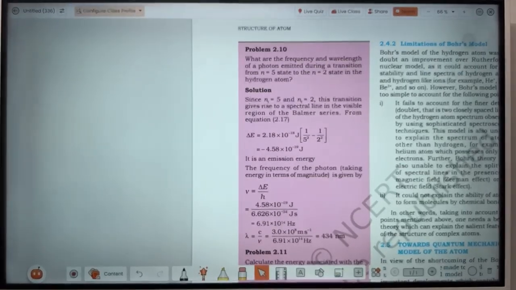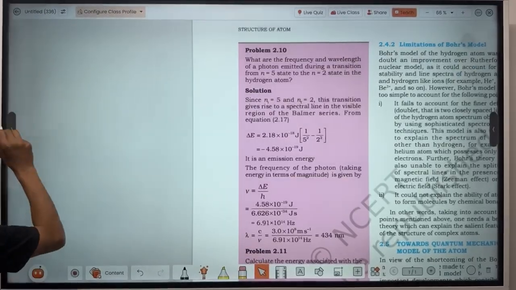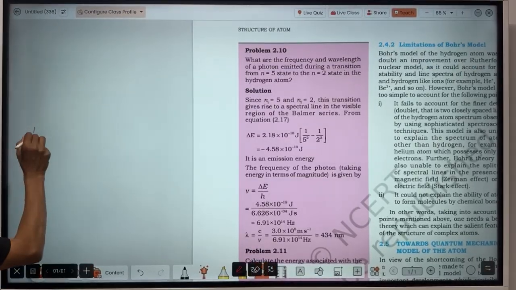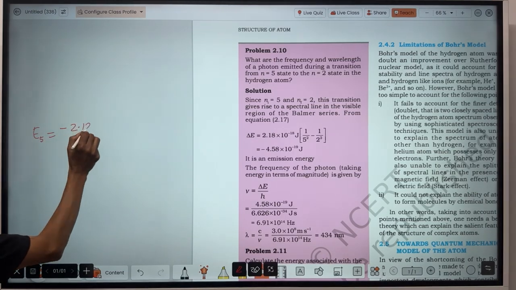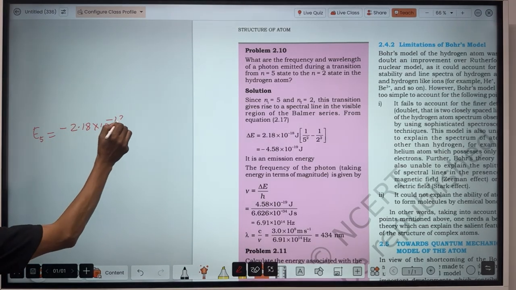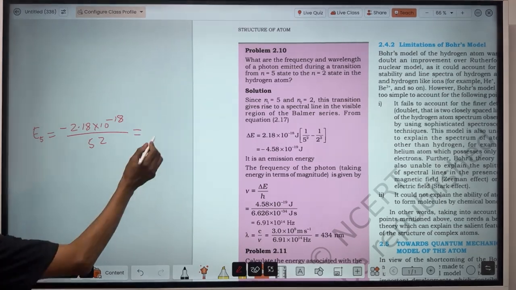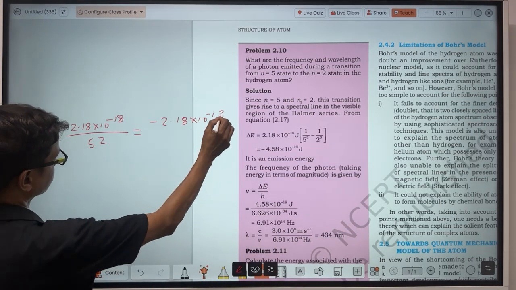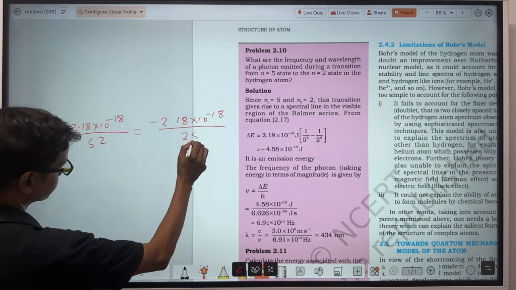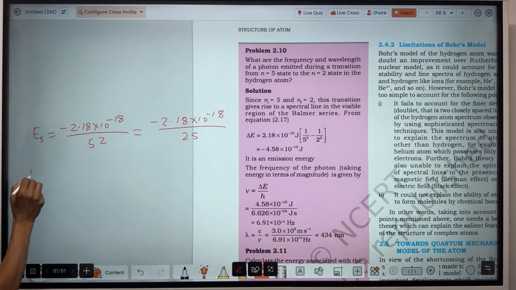So first of all, we will find out the energy of the electron in the fifth shell. That will be equal to minus 2.18 into 10 to the power minus 18 upon 5 square. Then the electron jumps into the second energy level.